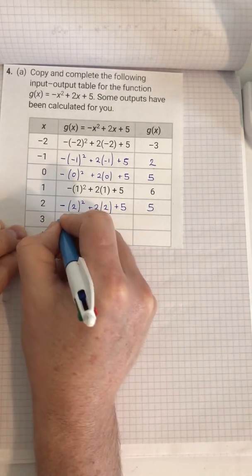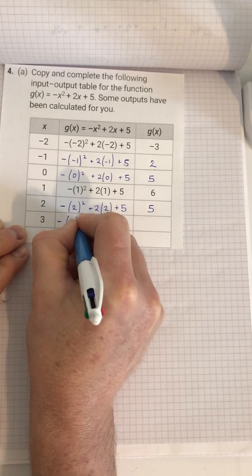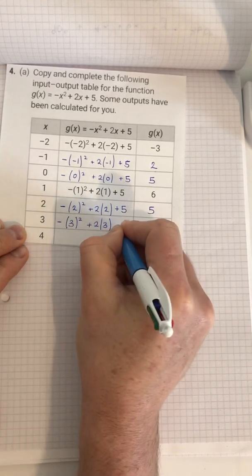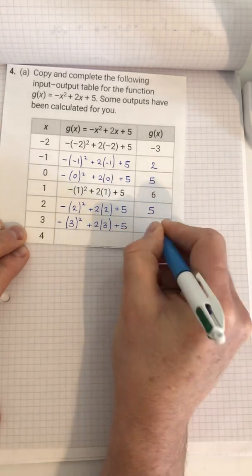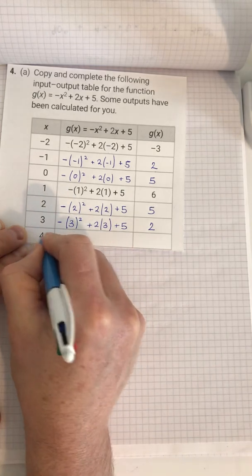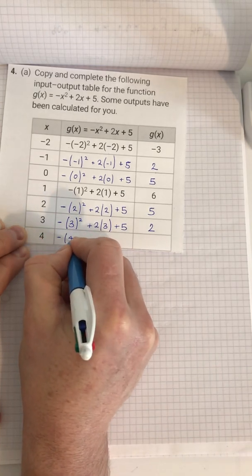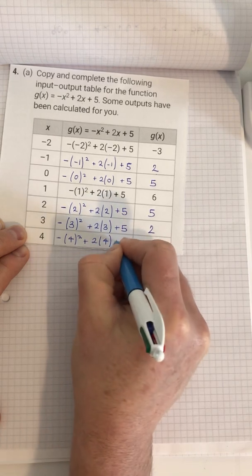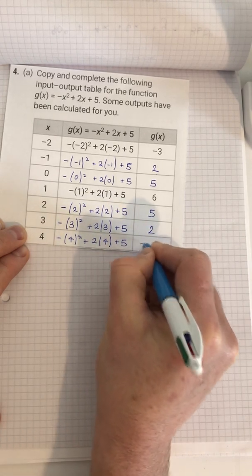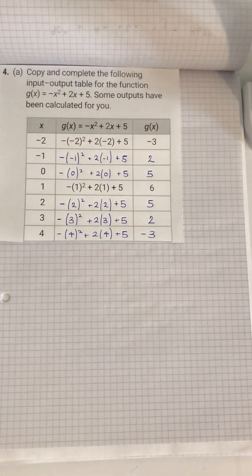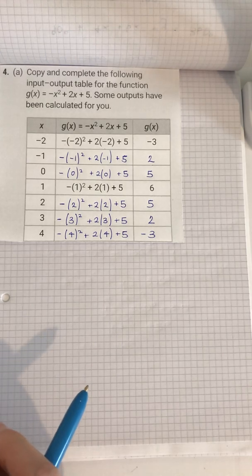When x is 3, we're substituting in minus 3 squared plus 2(3), plus 5 gives us 2. And finally, when x is 4, minus (4 squared), plus 2 times 4, plus 5, which gives me minus 3. So the first part of the question was to copy and complete the table.